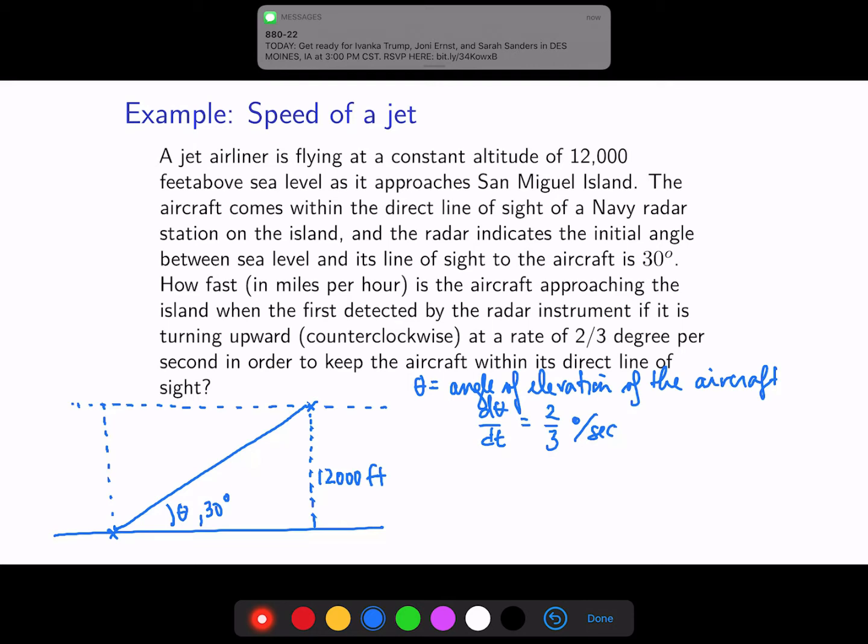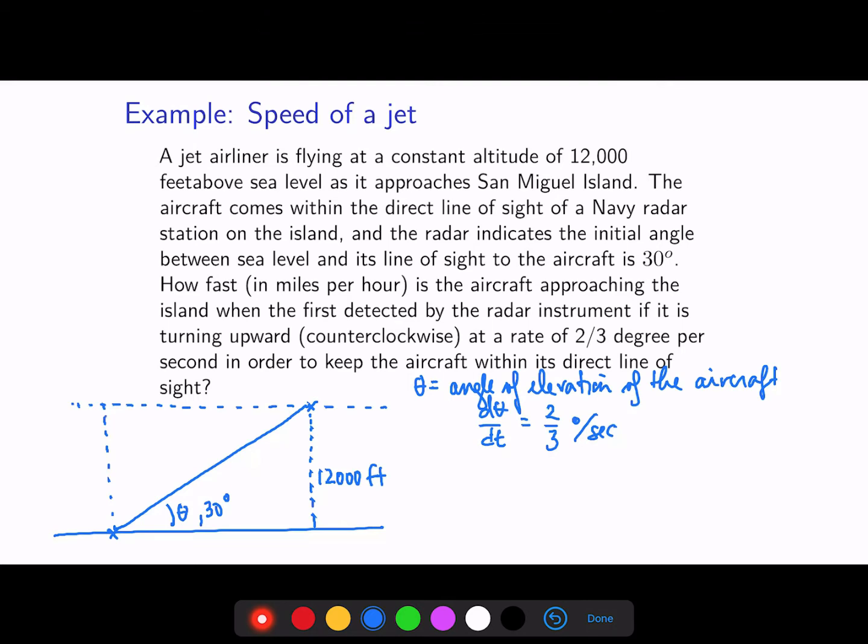If I draw a perpendicular line here, so that's a right angle, then this distance is the horizontal distance between the plane and the radar station.